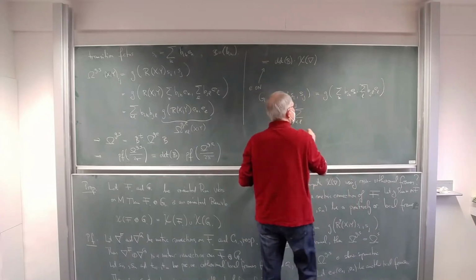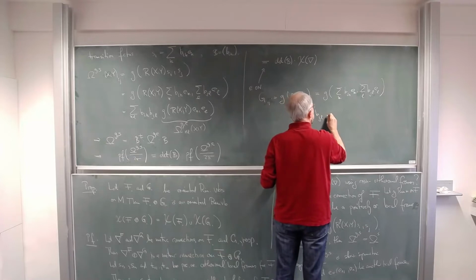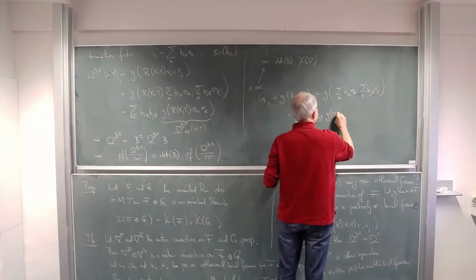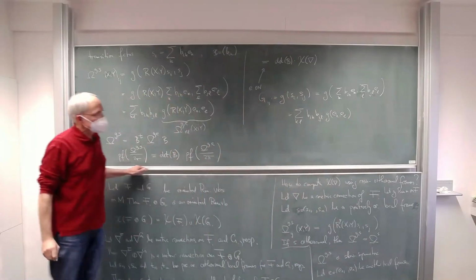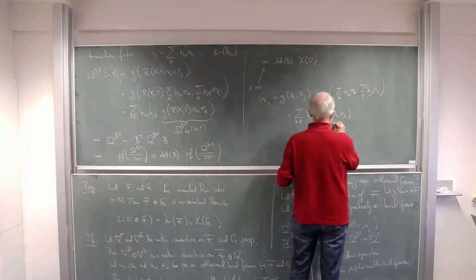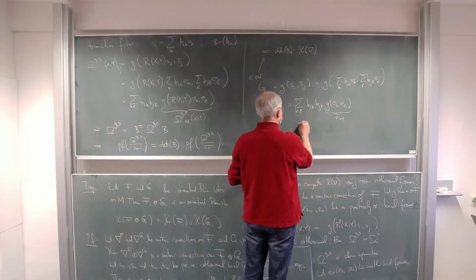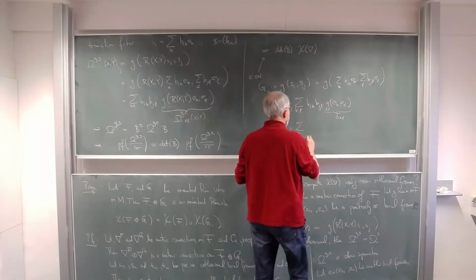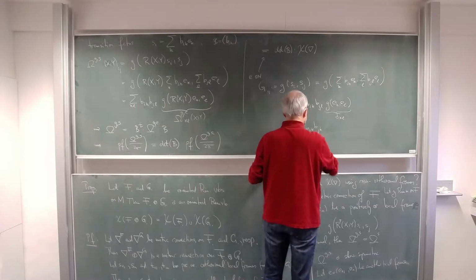Sum here, b_{kj}, b_{lj}, then we have g of e_k, e_l. Now, since the second frame, this E frame, was orthonormal, we know that this one is delta_kl. So the sum simplifies to the sum over k, b_{ki}, b_{kj}.